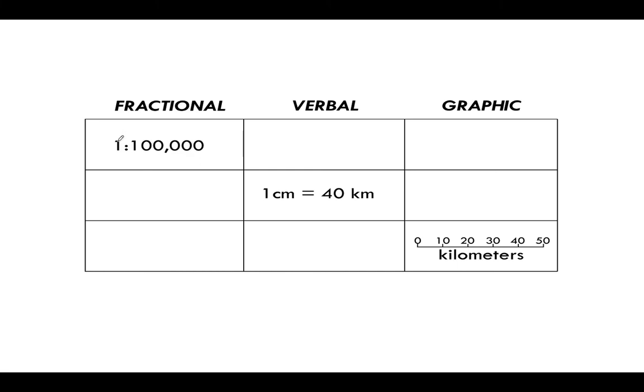This 1 to 100,000 that we've got here, it's the same units, and we need to get the verbal, but now we're going to think 1 centimeter equals 100,000 centimeters. All right, but it's verbal. Even if you don't know what a kilometer is, it's a lot easier to think in terms of kilometers than telling me to go hike 100,000 centimeters or whatever.